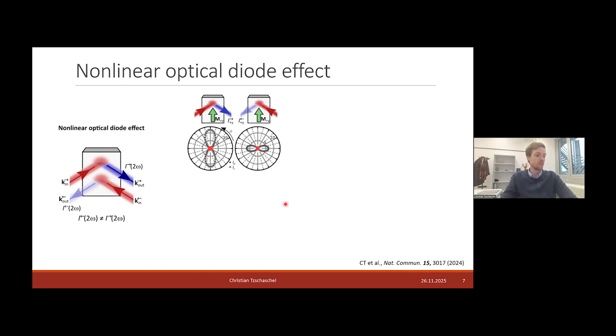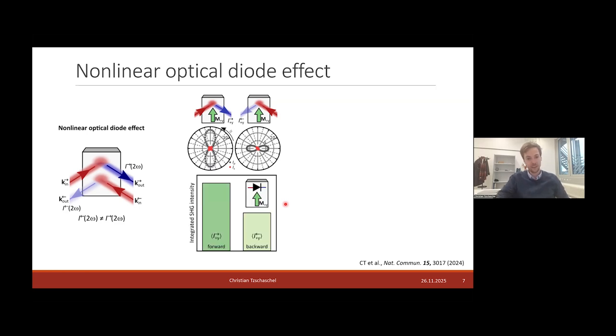Okay, but we can also look at it a little bit differently in comparison to the non-reciprocal directional dichroism, the linear optical effect that I mentioned earlier, that is defined as a polarization independent change of absorption coefficient. We can also try to define something like a polarization independent SHG response, which we termed integrated SHG intensity.